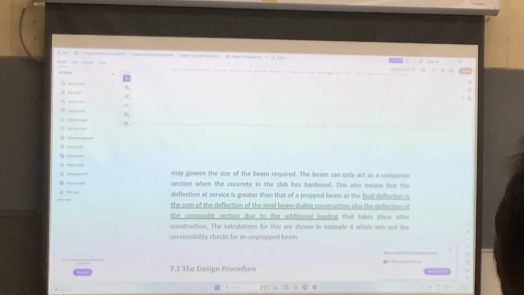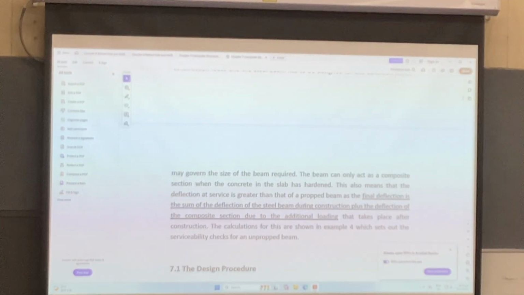Then for this construction stage, of course, let us see. Okay? And then when the concrete hardens, then there will be another deflection, okay, due to the composite stage, okay? So this is the construction stage.